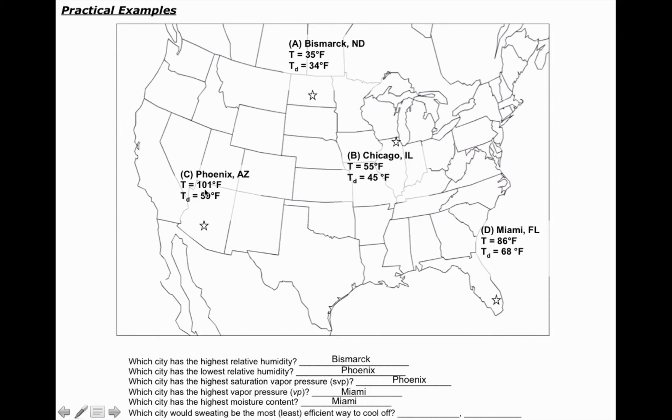But listen closely. There is more water vapor in the air over Phoenix than there is over Bismarck. And that's because Phoenix has a higher dew point temperature, which is the measure of the actual amount of moisture in the atmosphere, compared to Bismarck.